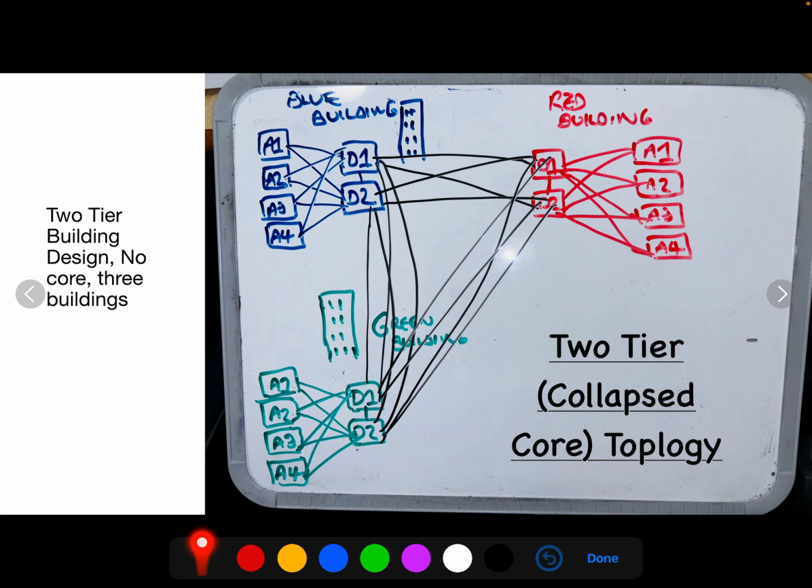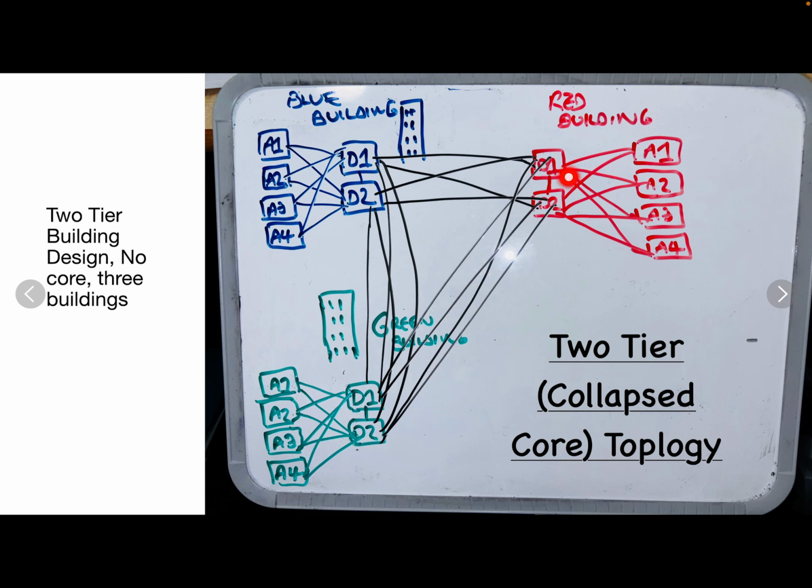Here you can see you've got 4 access switches. Because there's not enough space on this whiteboard, I would like you to imagine that there were 10 of these, 10 there, and 10 there. The concept still stays the same, but imagine this is carrying on to A5, A6, A7, A8, A9, A10.